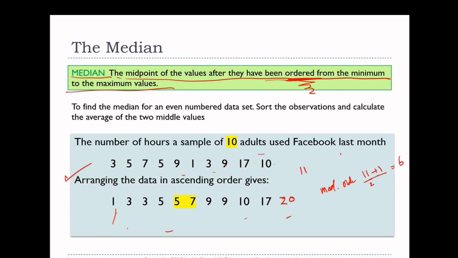Counting 1, 2, 3, 4, 5, 6, the number 7 here is the median. If I have 11 numbers, not 10, I add one number more, the median is number 7.